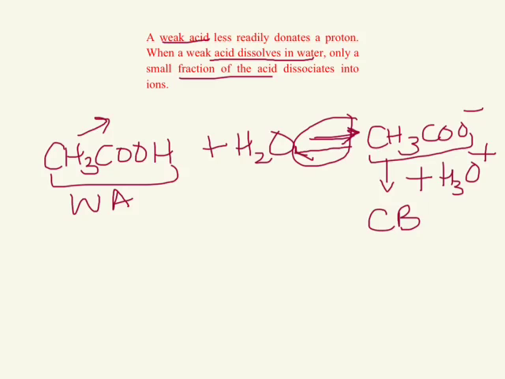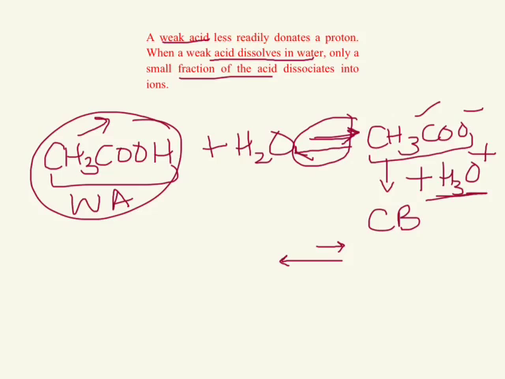Second thing, these arrows are unequal in length. I'm making a small forward arrow and big backward arrow. What that means is that the equilibrium lies to the left, meaning the reactant is favored. You're making more reactants. So when acetic acid breaks down to form acetate ions, then acetate ions start combining with H3O plus to form this.